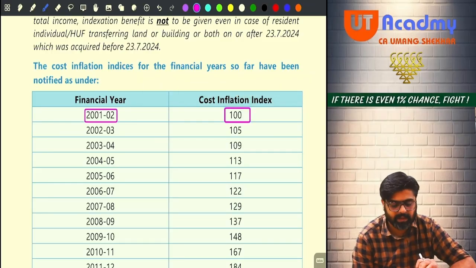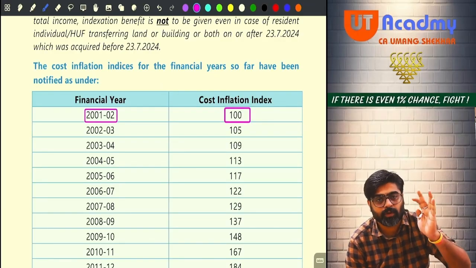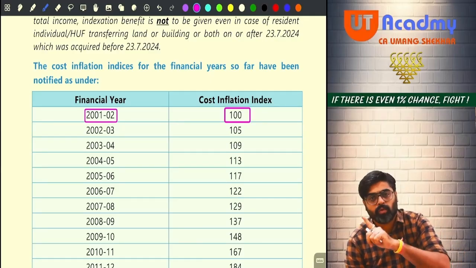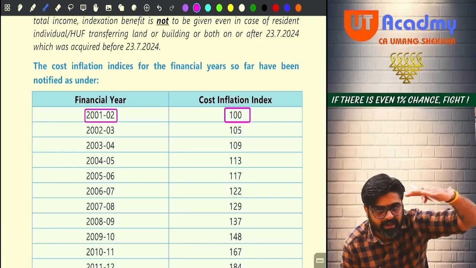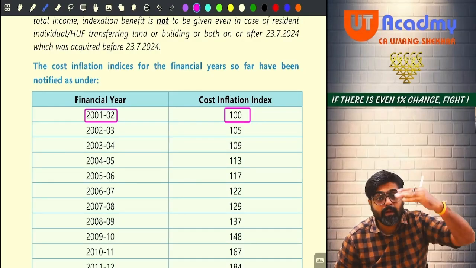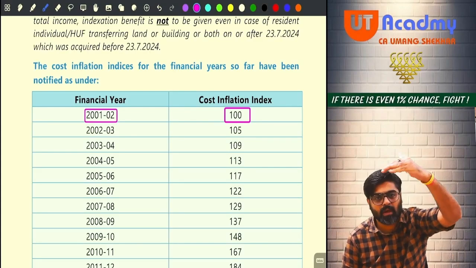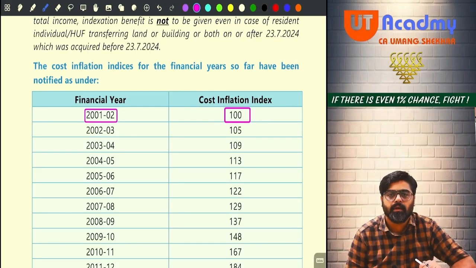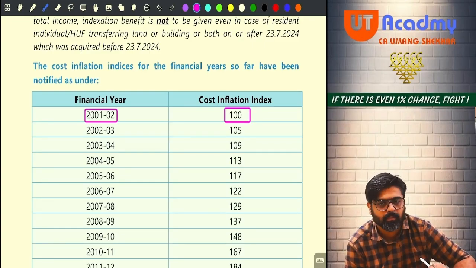Meaning that if anything whose cost was 100 in 2001-2, this is the base year, and now inflation will be checked considering this as the base year. The cost of the same thing became 105 in the next year.